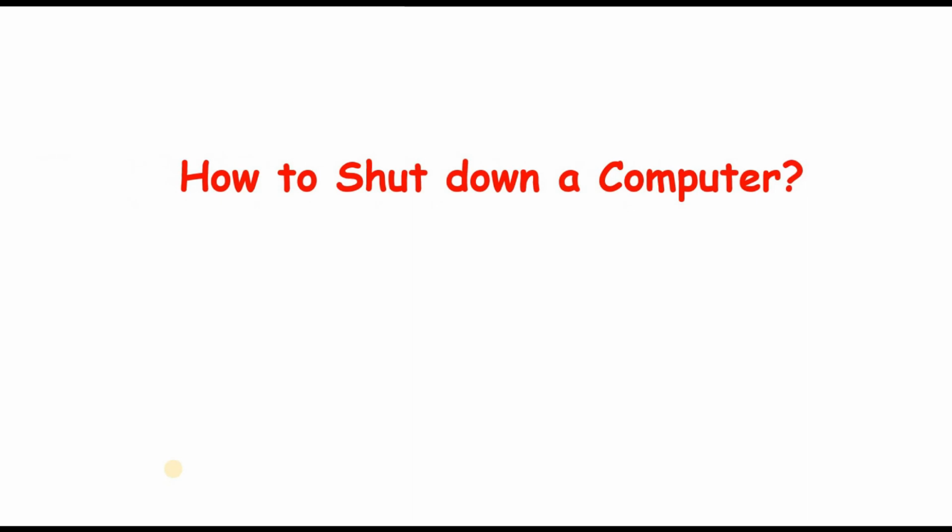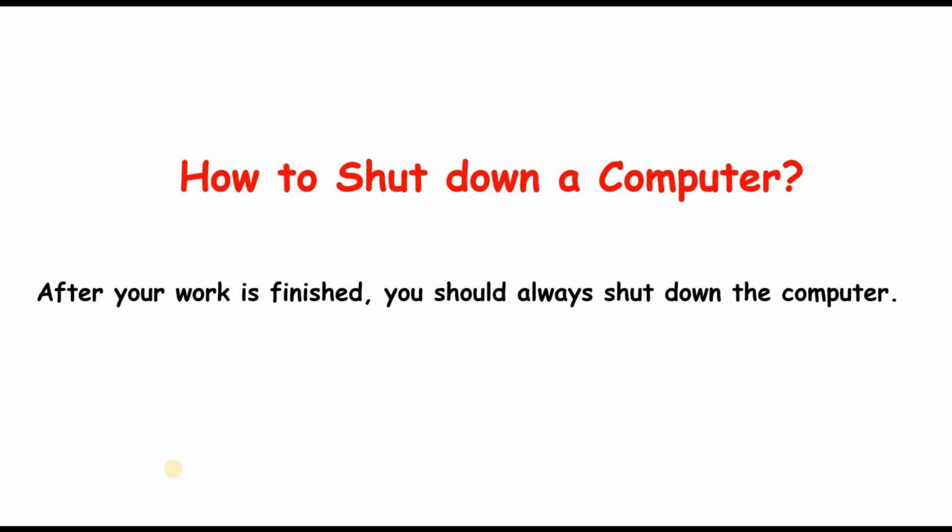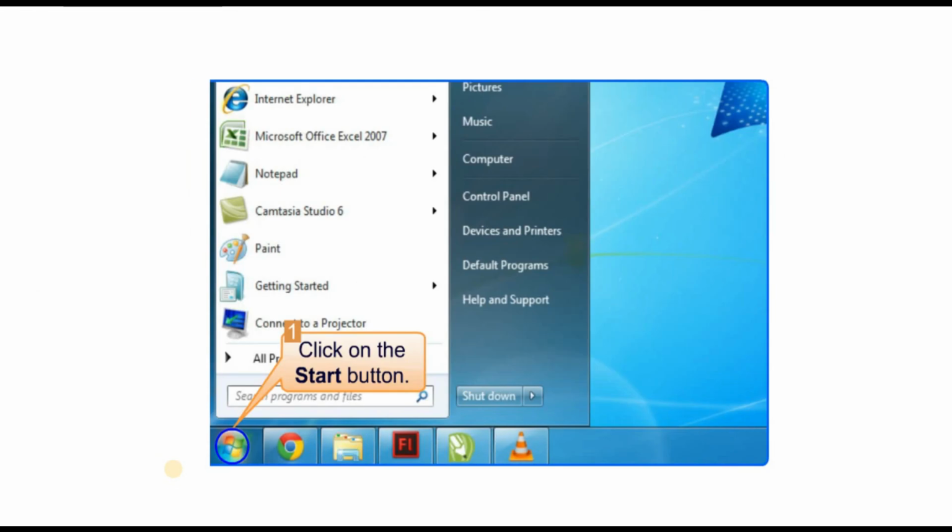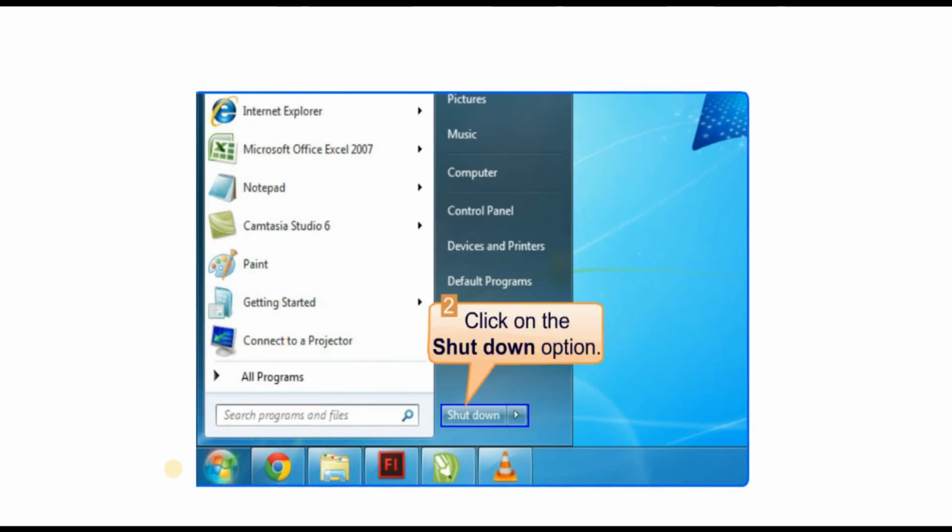How to shut down a computer. After your work is finished, you should always shut down the computer. Step 1. Click on the Start button. Step 2. Click on the Shutdown option.